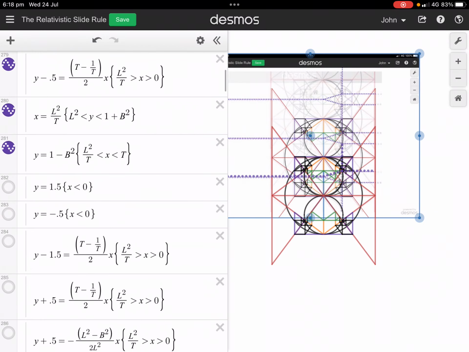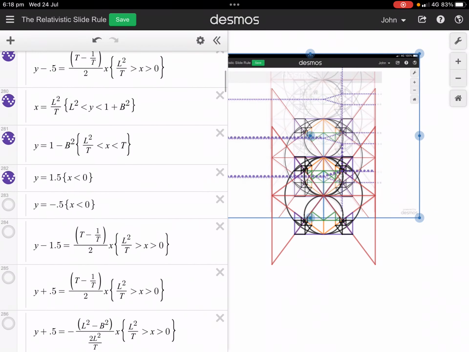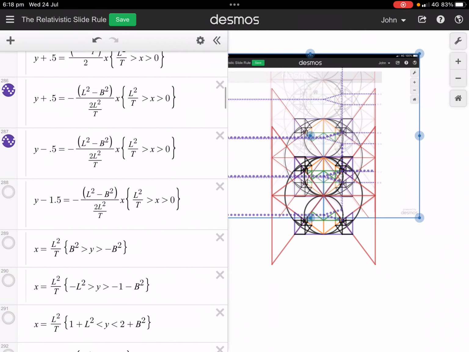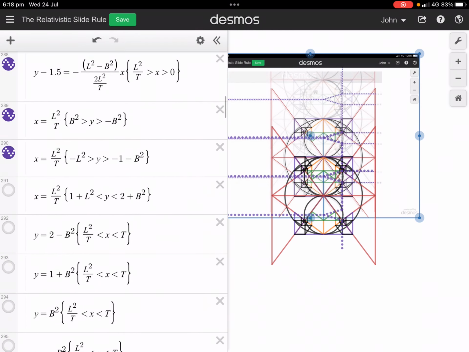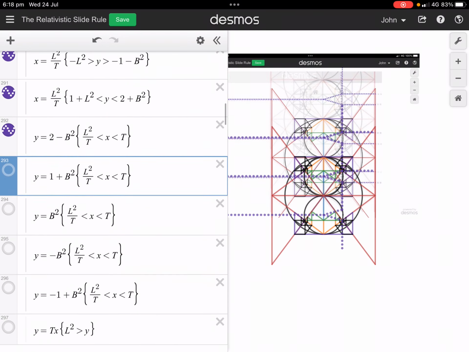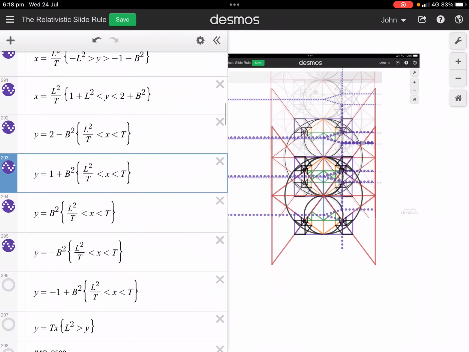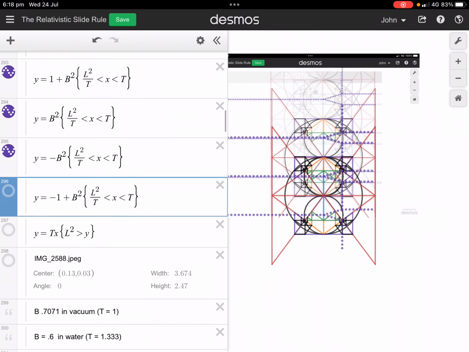So let's just add in a whole lot more rays, because now that I'm in a superposition of relativistic slide rules, I've got a superposition of photons.